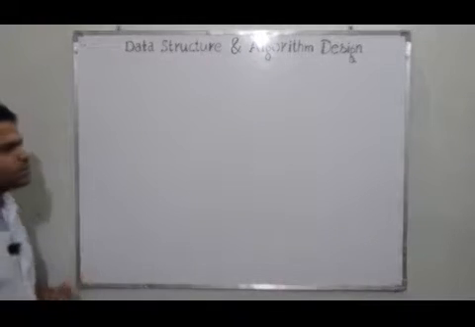In order to discuss the asymptotic notation, we have certain assumptions to follow. And what are they? Let us discuss them.